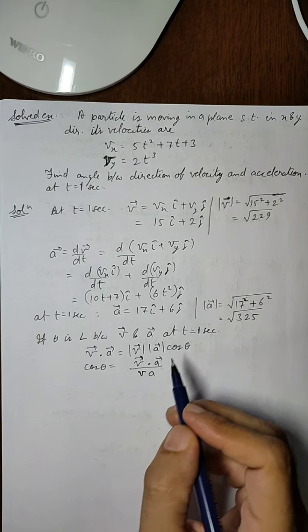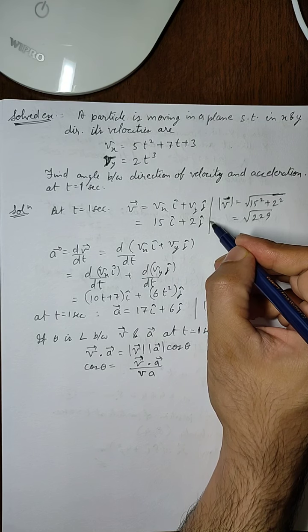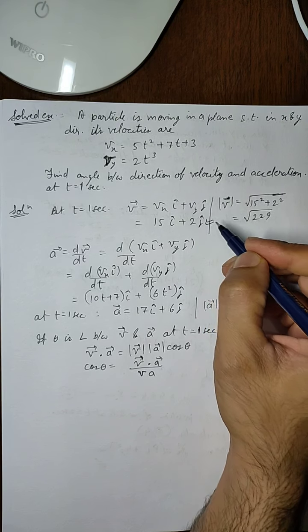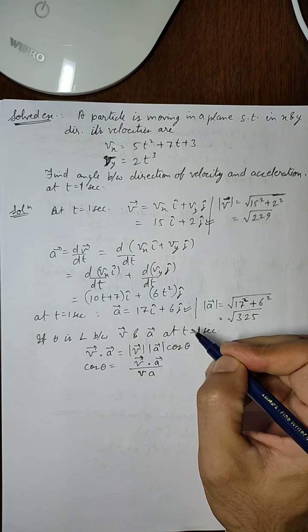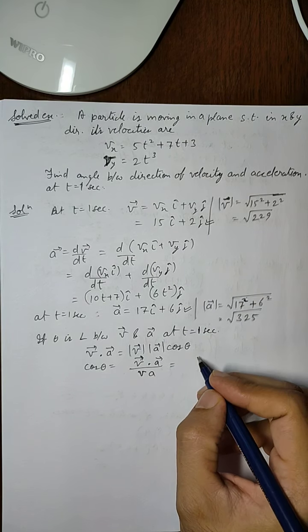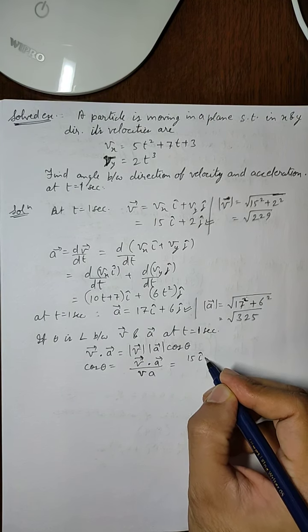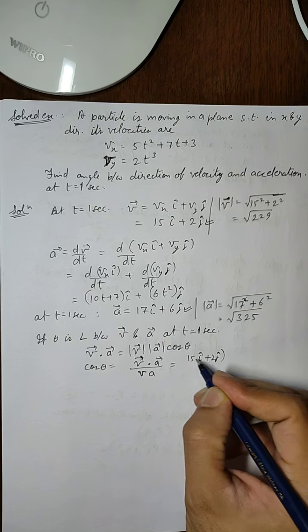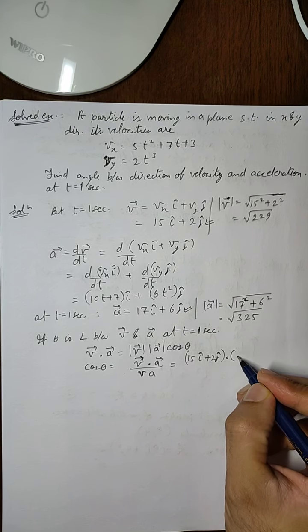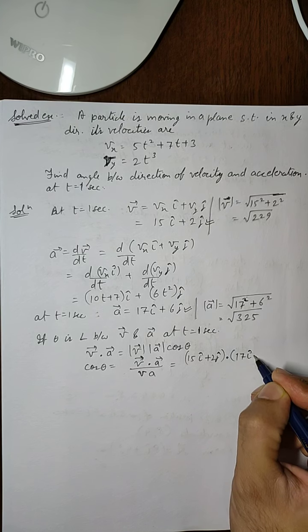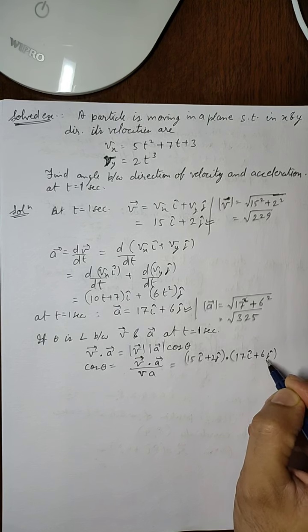In the numerator we have the scalar product of v and a, so this will be (15 i cap plus 2 j cap) dot (17 i cap plus 6 j cap).